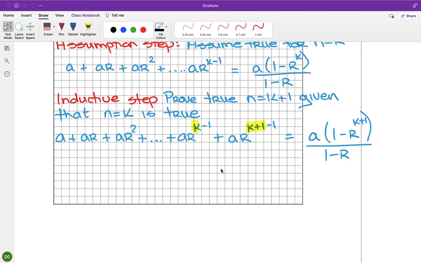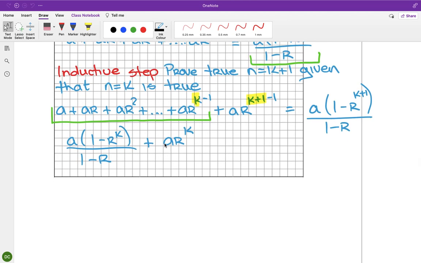So it becomes a times 1 minus r to the k over 1 minus r plus ar, and that's just r to the k now because the plus 1 minus 1 cancels. And we need to make this equal this.